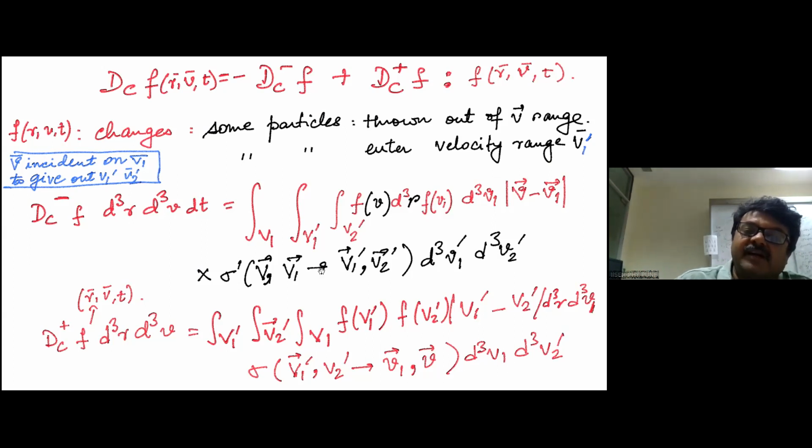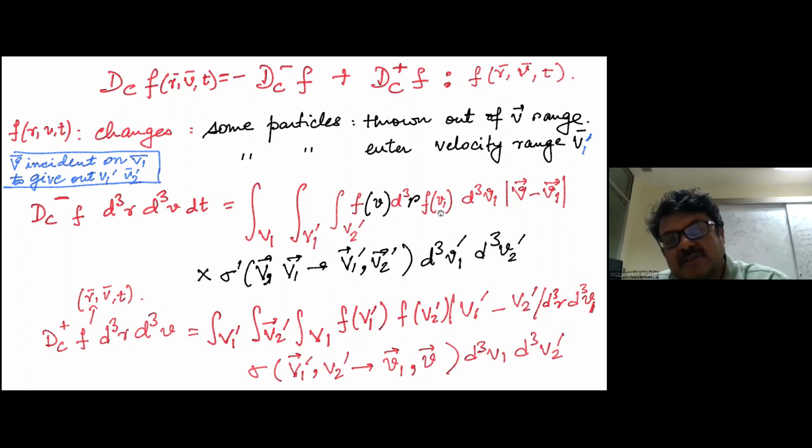And they are scattering out into v1 dash and v2 dash. So the number of particles with velocity v colliding with all sorts of velocities v1, integrated over v1, are going to occupy all possible velocities.